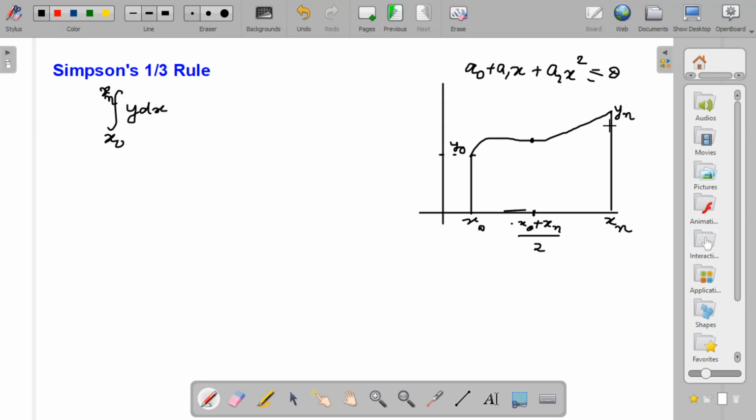So we can get three equations for this second order polynomial which we have assumed, considering one value of x as x0, another value of x as x0 plus xn by 2, another value of x as xn. Okay, so using these three equations, you can basically find out the values for a0, a1 and a2.